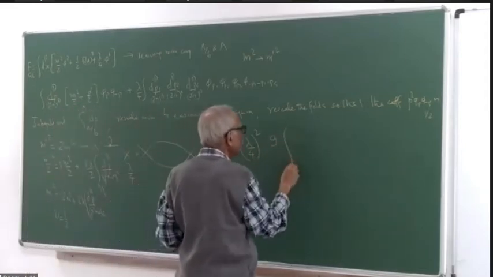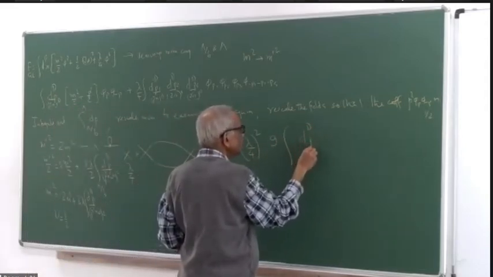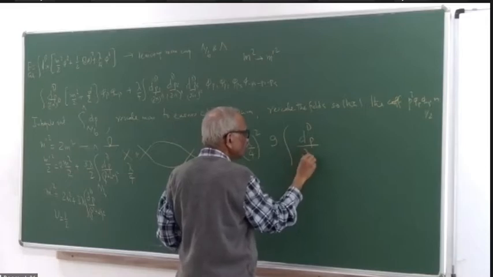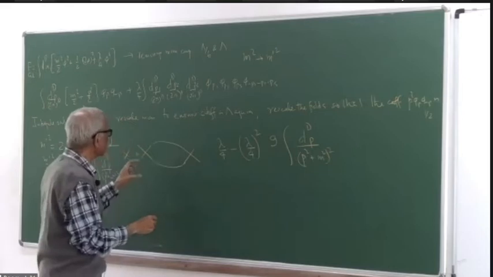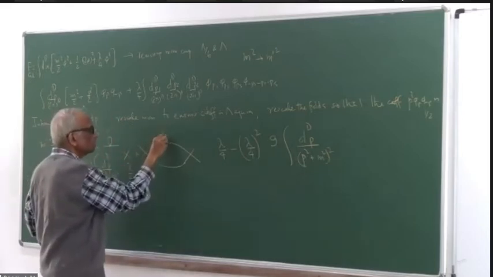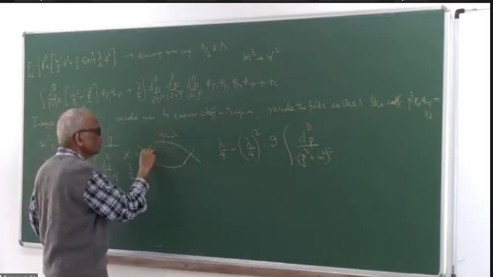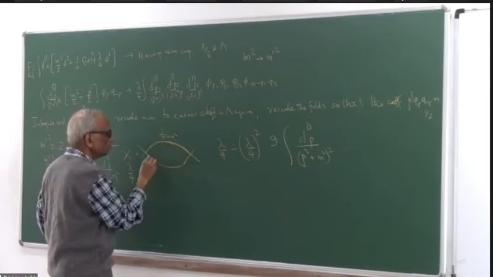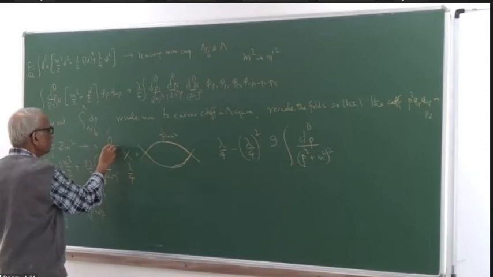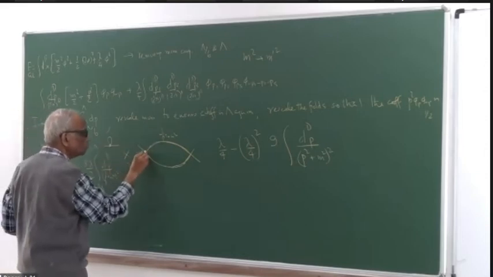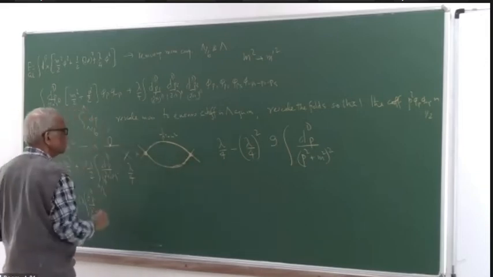And then we had the integral d^dp over (p² plus m²) whole square. Each of these lines is 1 over p² plus m², so 2 lines over here, and therefore 2 vertices.